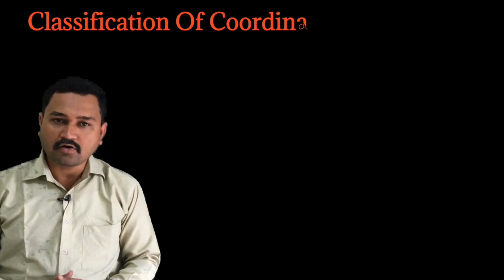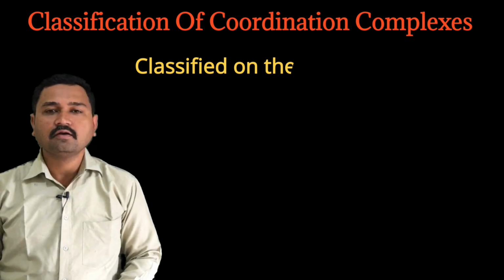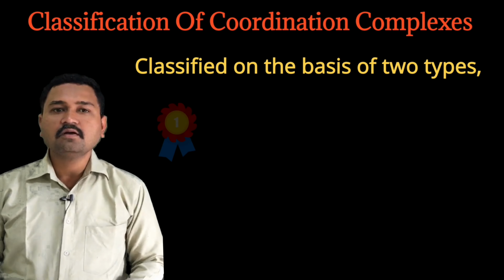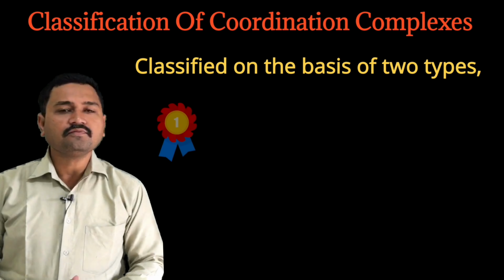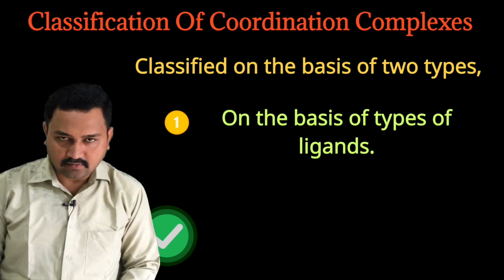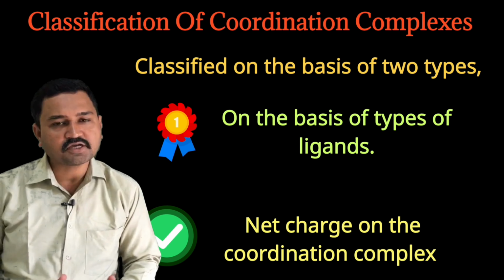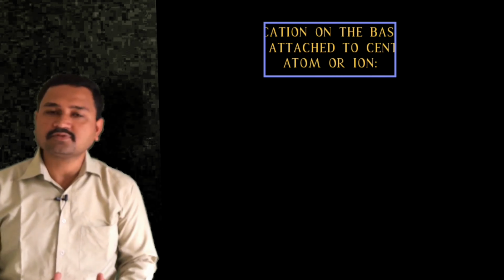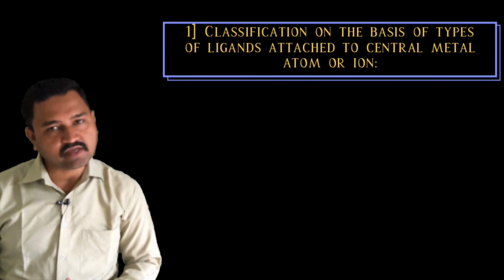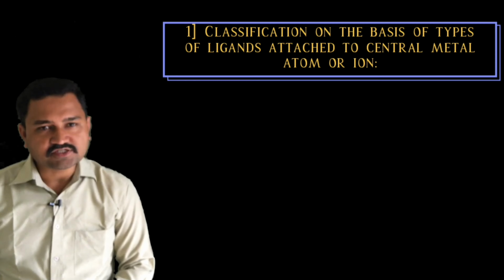Generally, the coordination complexes are classified on the basis of two types. The first one is the types of the ligands that are attached to the central metal atom or ion, while the second is on the basis of the net charge on the complex compound. So now let us consider the first classification, that is, the classification on the basis of the types of the ligands attached to the central metal atom or ion.